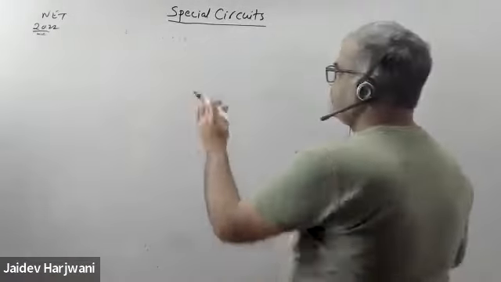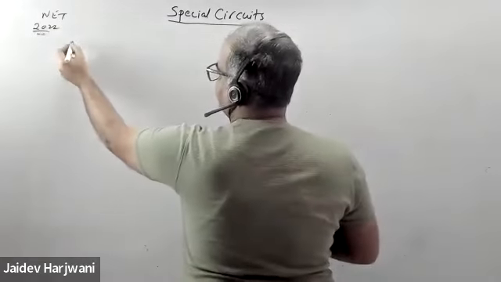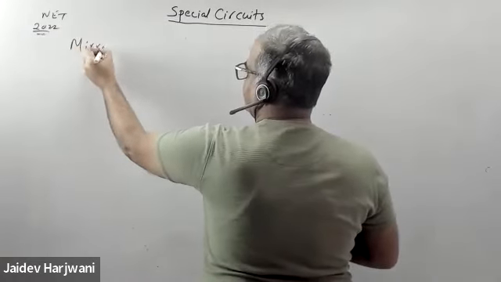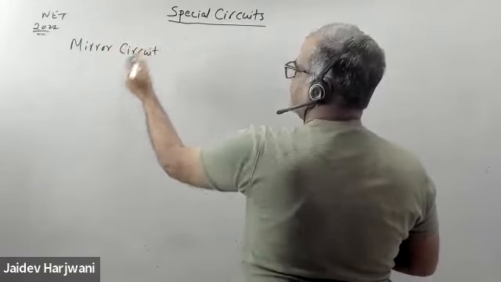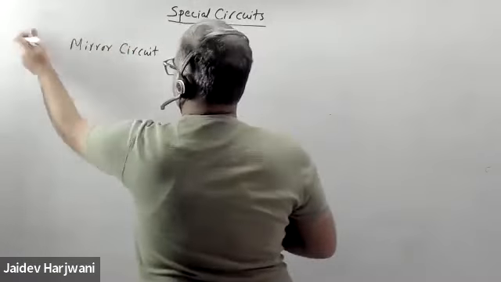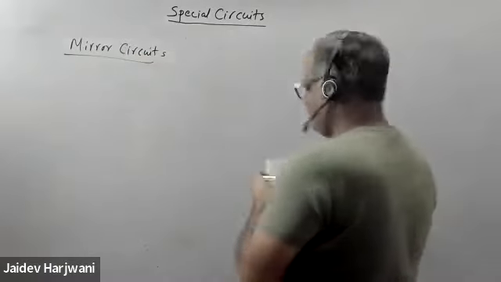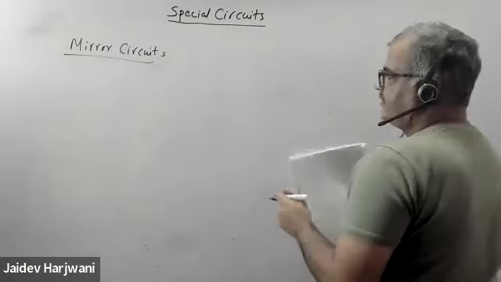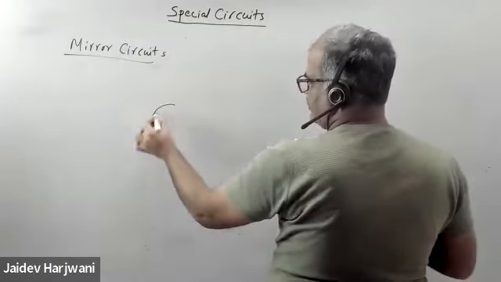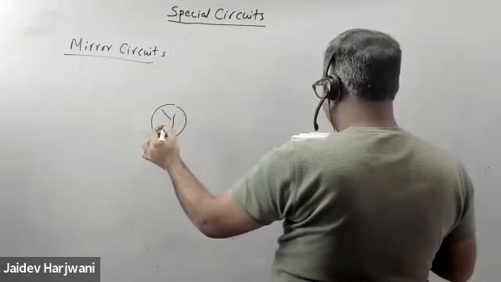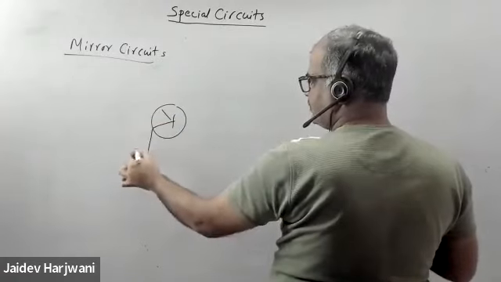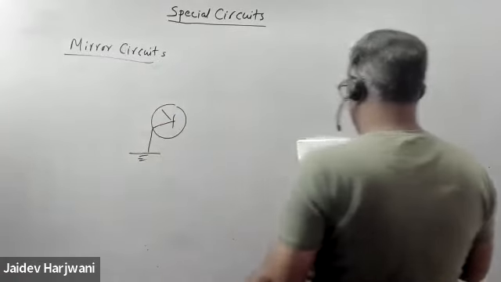The next circuit is your mirror circuits. What do you mean by mirror circuit? Okay, so this time also you have two transistors, but this time these two transistors are similar. Okay.